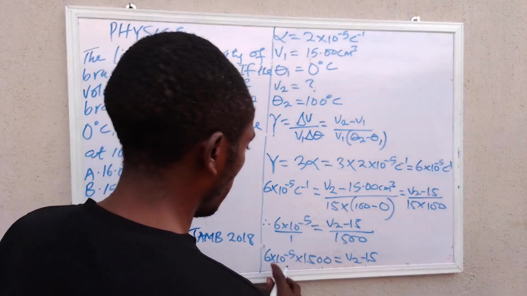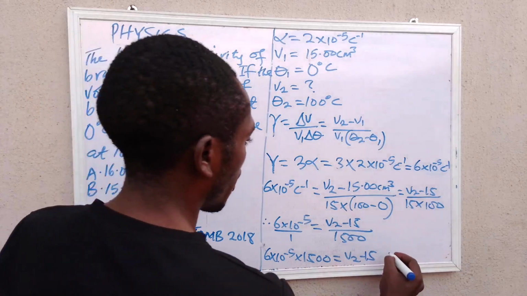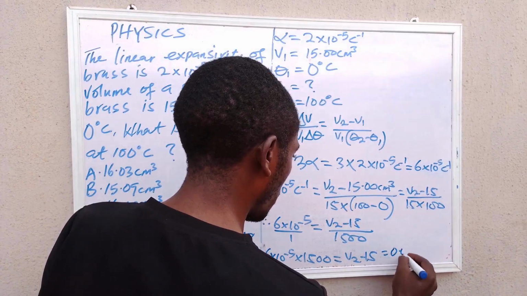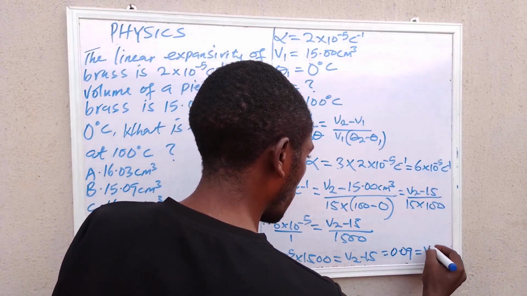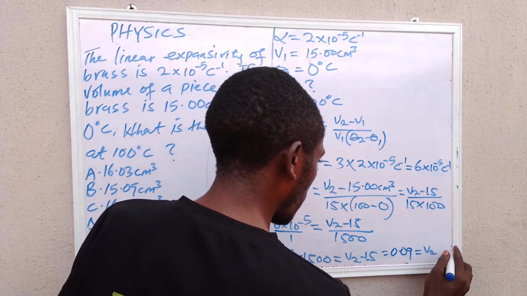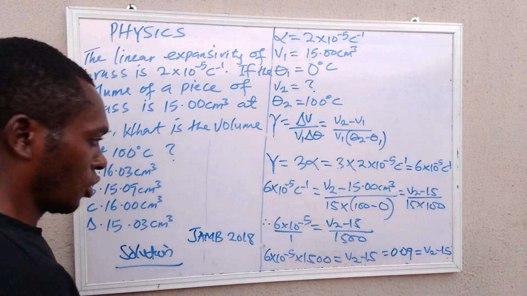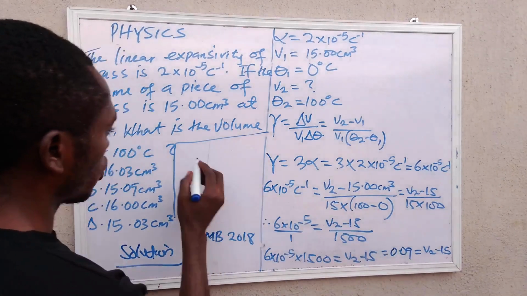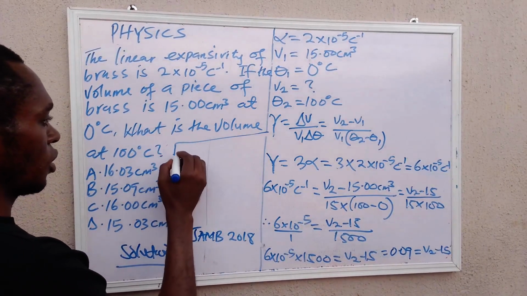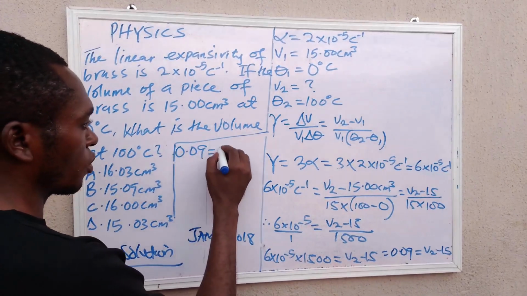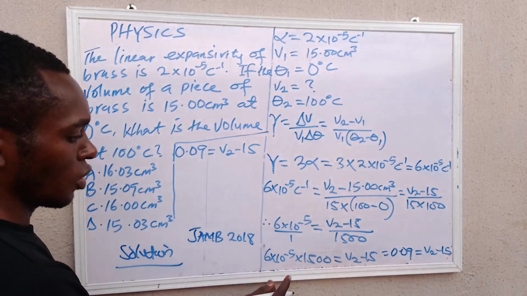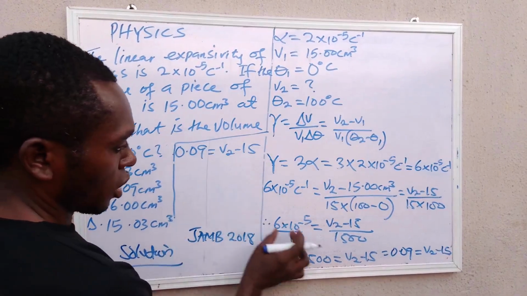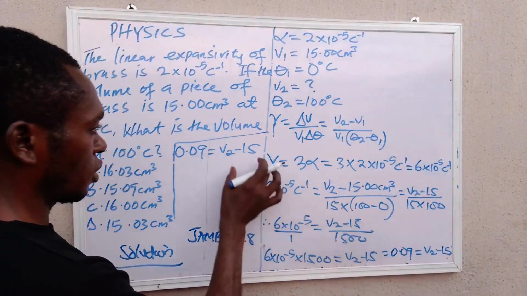If you multiply these two, this will give us 0.09 equals V2 minus 15. So I'm going to have 0.09 equals V2 minus 15. When you cross multiply this times this, equals 1 times this, it gives us just this.